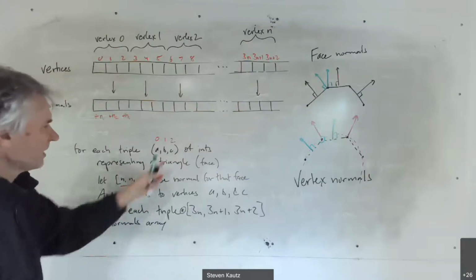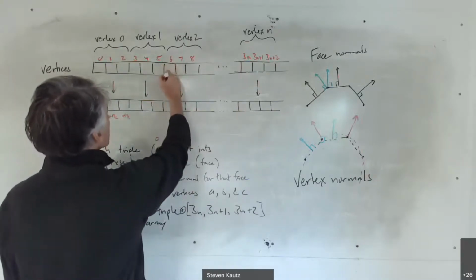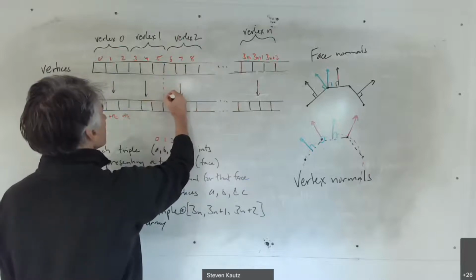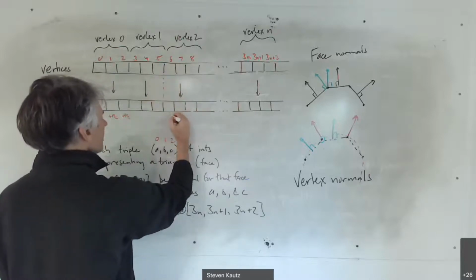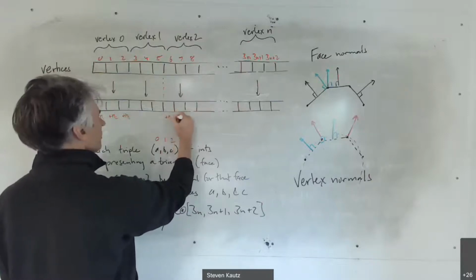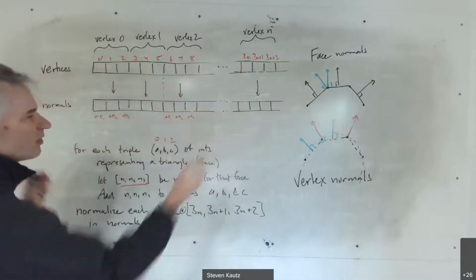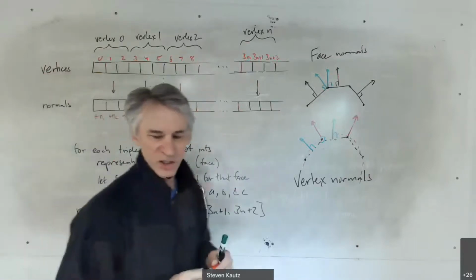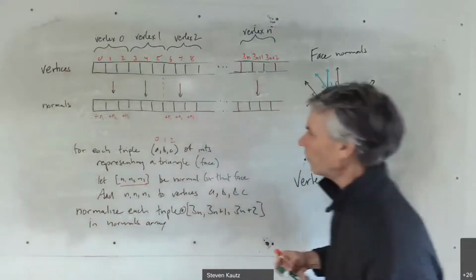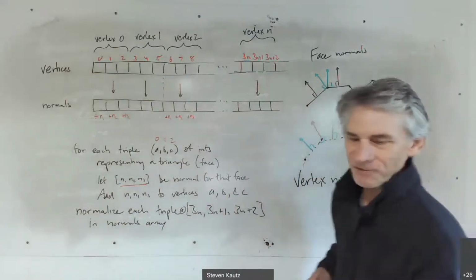And likewise, we see the C there, that's vertex 2. So again, at index 2, we would have plus n1, plus n2, plus n3. And the point is that by the time you've gone through every face and done all these additions, you have exactly what you want, which is the sum of all the adjacent face normals for that vertex.